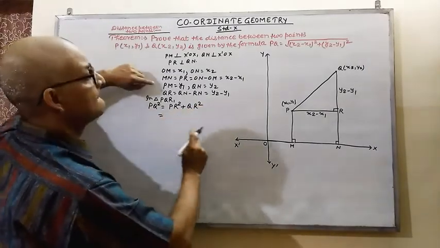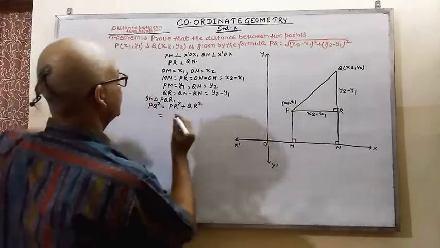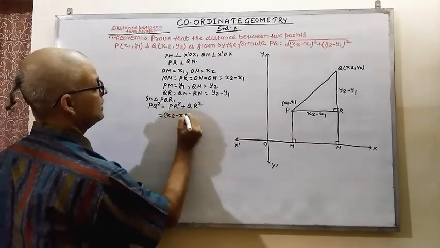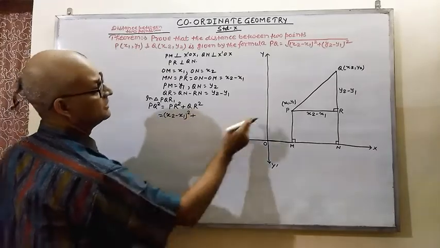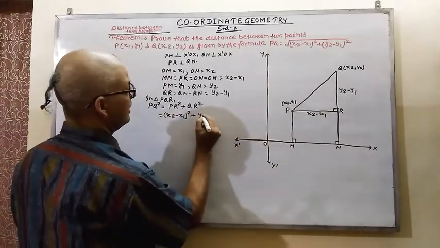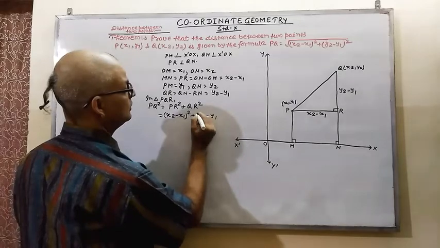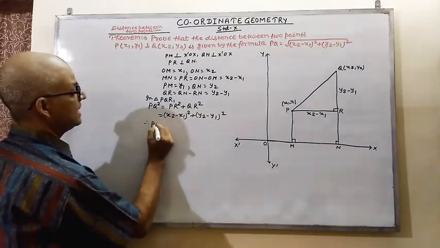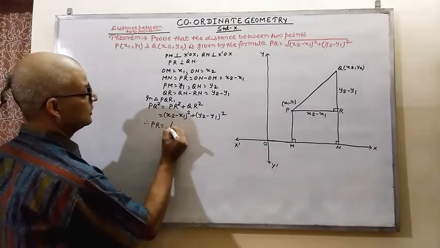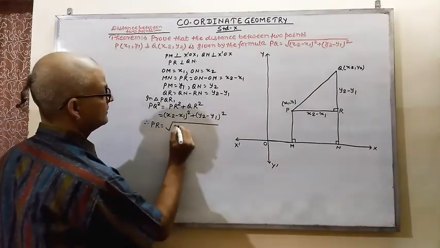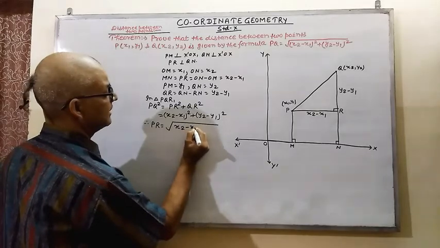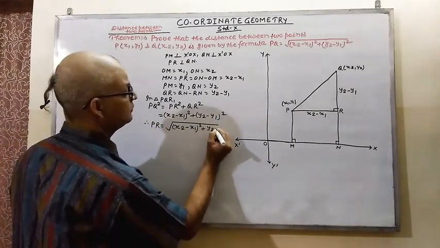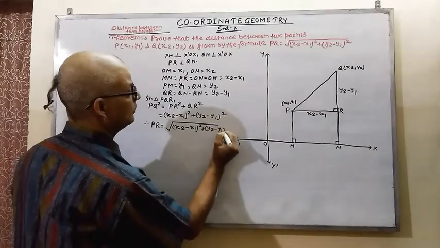PR means x2 minus x1 whole square plus QR means y2 minus y1 whole square. So therefore PQ is equal to root under (x2 minus x1) whole square plus (y2 minus y1) whole square.